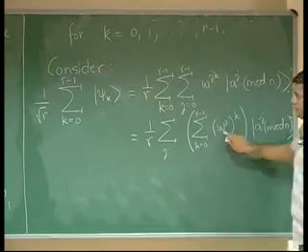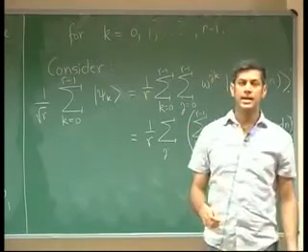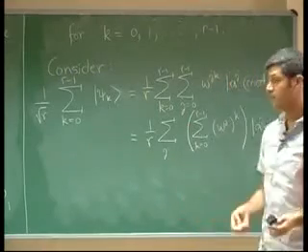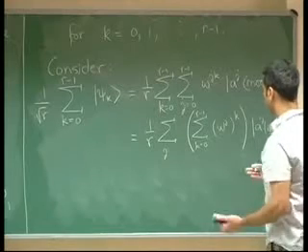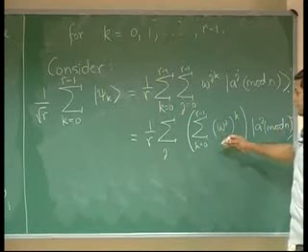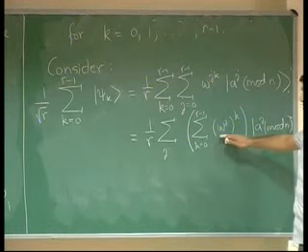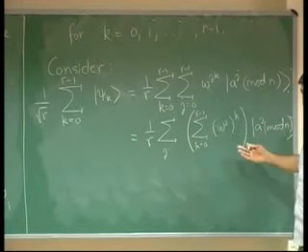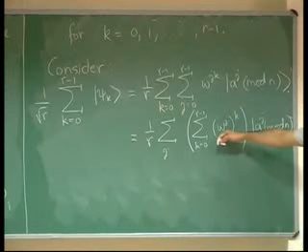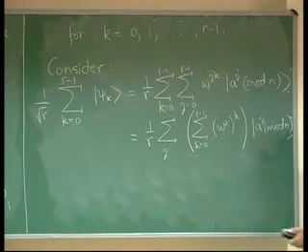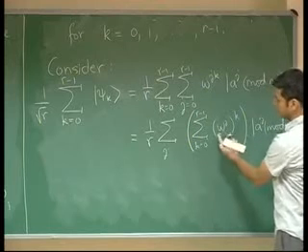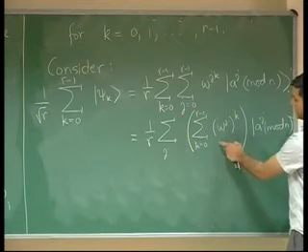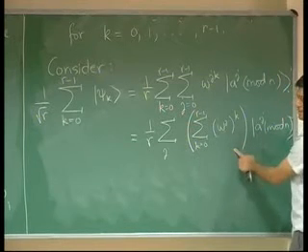Each omega to the j is an rth root of unity. And you know that when you sum up powers of any rth root of unity, going from power 0 to power r minus 1, you're going to get 0 if it's a non-trivial root of unity. The trivial root of unity is, of course, 1, and for that you would simply get r in the summation.